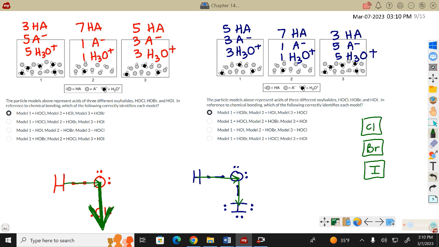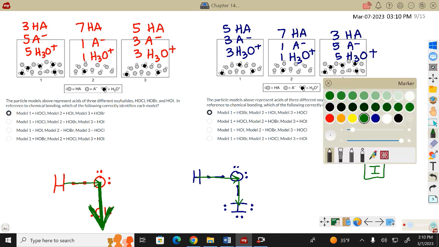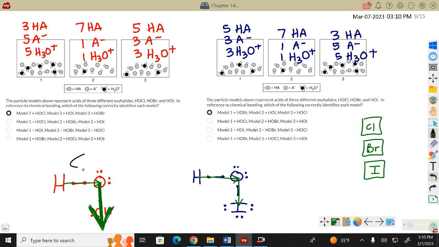So I'm going to notice that in the HOCl, the electrons are always being pulled away from hydrogen. And now I reinforce that by hanging a really electronegative element off the end of the oxygen. And what happens is this bond becomes weaker. If the bond becomes weaker, then it's easier to lose the hydrogen, making it a stronger acid.